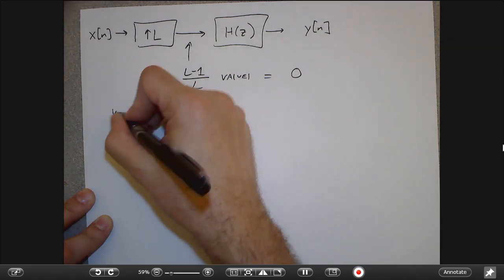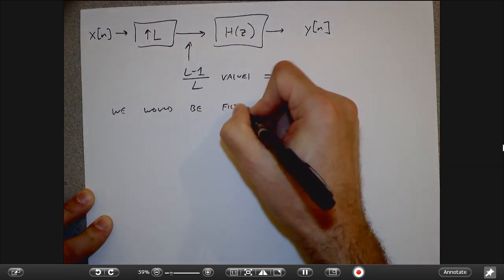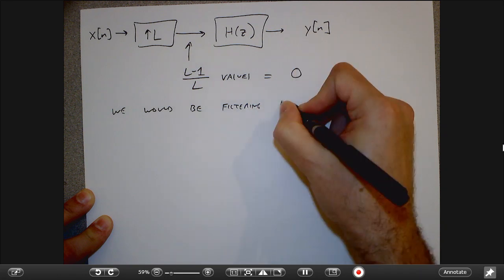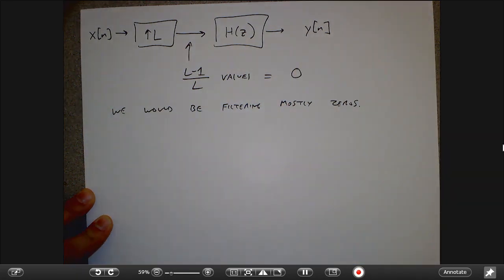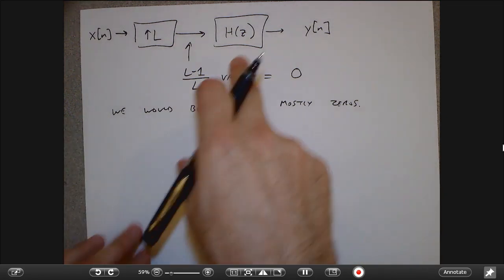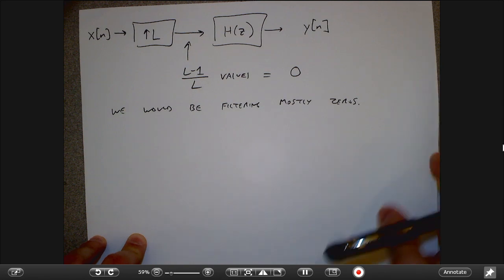So we would be filtering mostly zeros. So instead, I would use, again, the polyphase realization of this filter to be smarter, right?